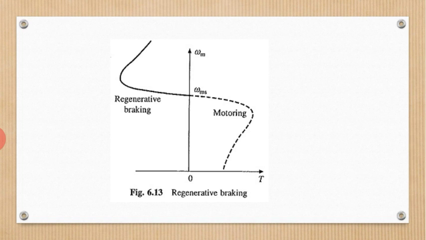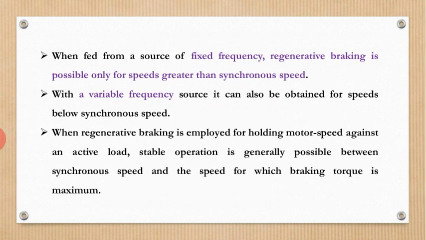With a variable frequency source, it can also be obtained for speeds below synchronous speed. Since ns = 120 f / p, if you vary the frequency, you can vary the synchronous speed.